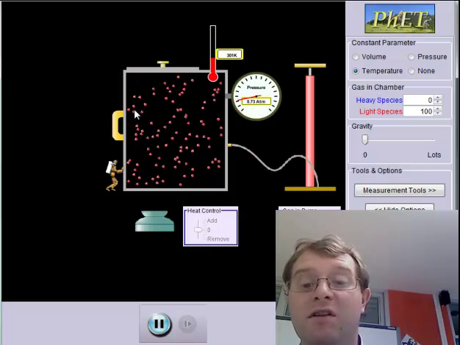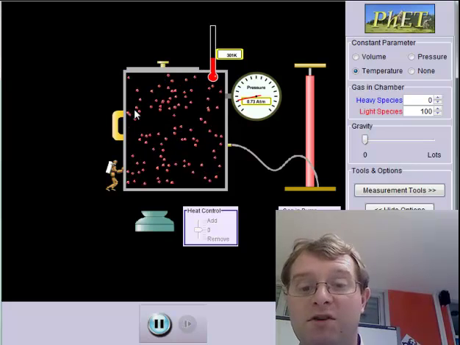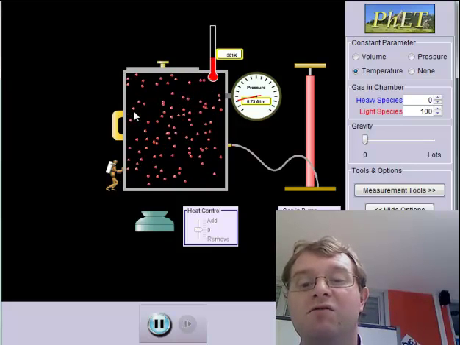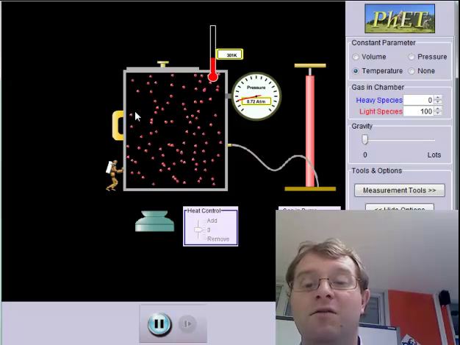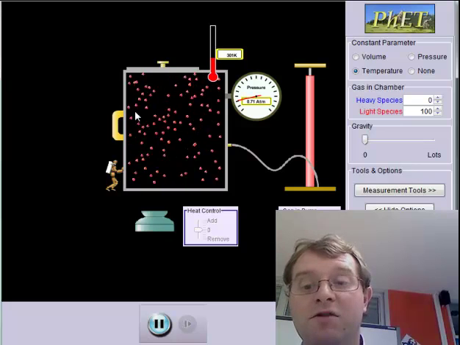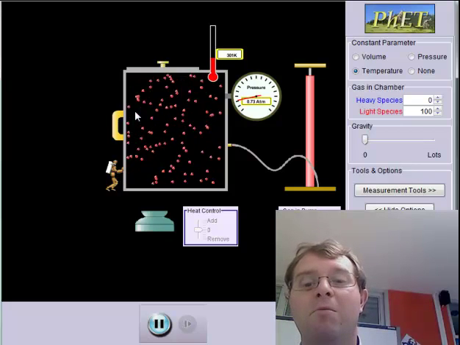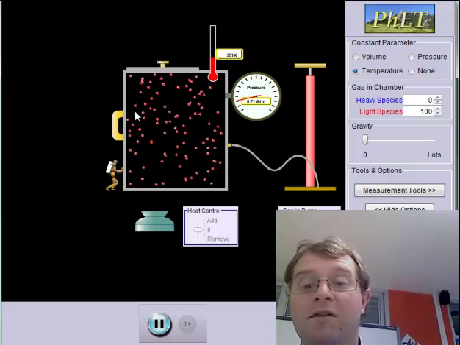That means we're increasing the number of collisions. And therefore, because the change in momentum, so when a particle hits a surface and changes direction, the change in momentum causes a force acting on the outside surface. So by reducing the volume, I'm dramatically increasing the amount of collisions, and therefore at the same time increasing the pressure.